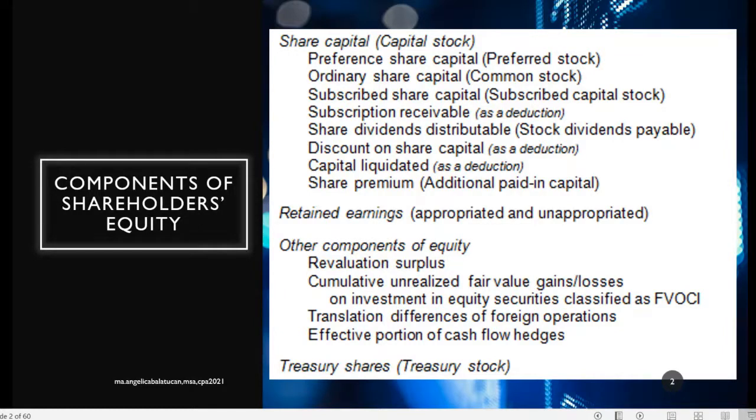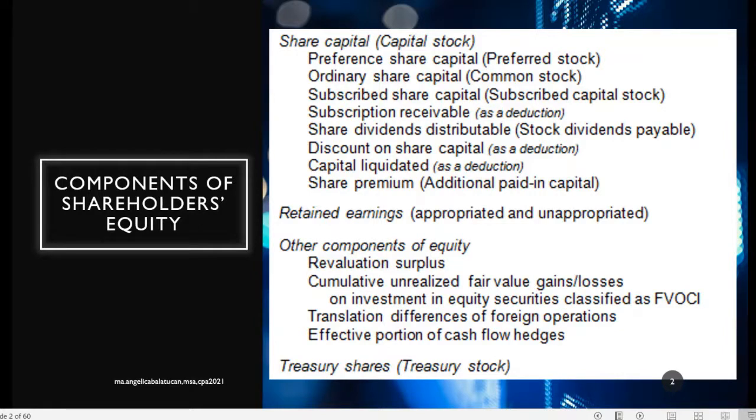Then we have the share dividends distributable or stock dividends payable. So these are shares that are made as dividends. Then we have discount on share capital, then capital liquidated, and then we have the share premium, or they also call this the additional paid-in capital.